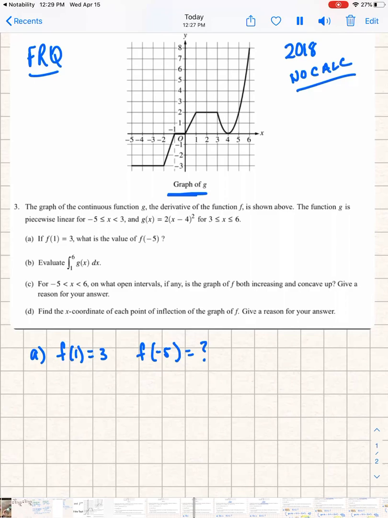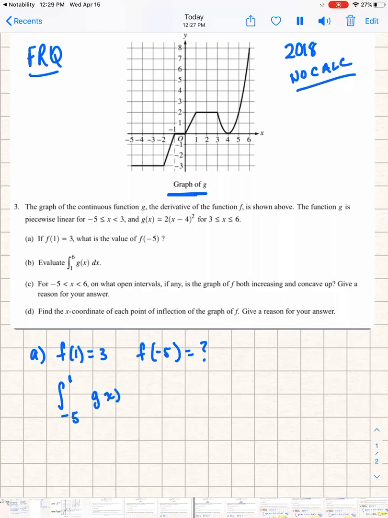Because that's the derivative of f, if we go backwards, we take the antiderivative, we could get our original function f. So we want to take the integral of g. Okay, so if you look at our integral, let's use the values that we have. We have -5 and we have 1, and then we have our function g of x dx, right?